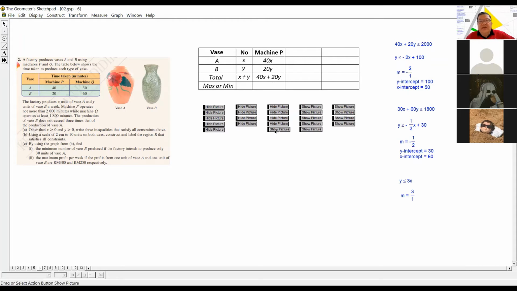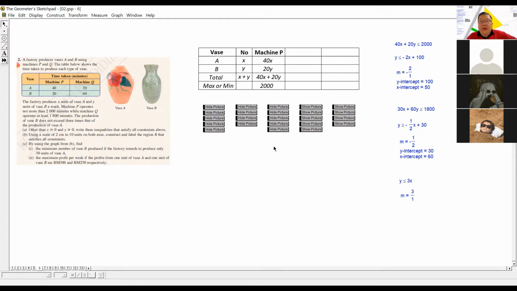And this machine P has a restriction. The restriction is that machine P operates not more than 2000 minutes. So this is the constraint on the production time of machine P. That means the total time here, 40x plus 20y, must be less than or equal to 2000.